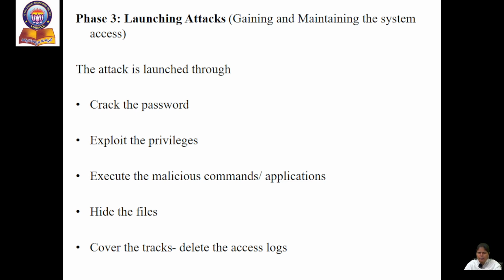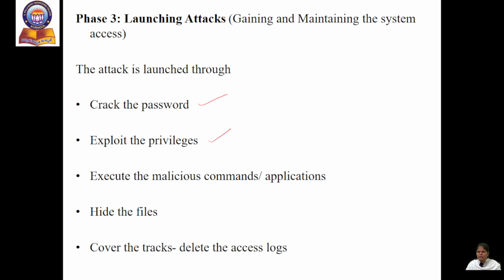Gaining and maintaining system access: the attack is launched through cracking the password and exploiting the privileges. Cracking the password means using different trial-based or password cracking techniques. The attacker tries to break the passwords that a victim has kept on different accounts, and exploit the privileges.